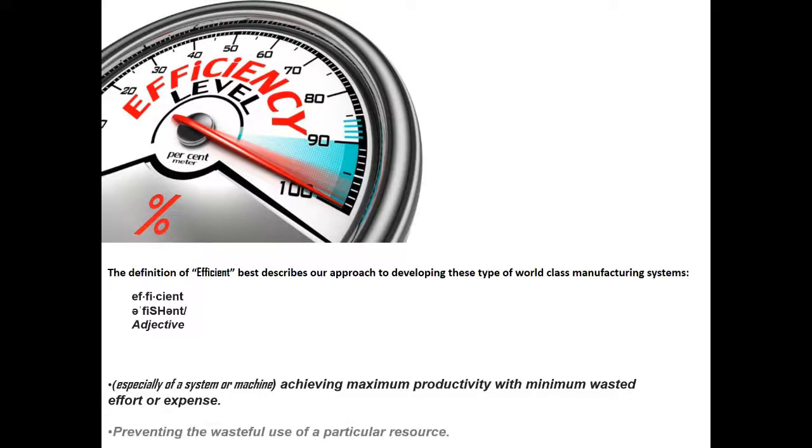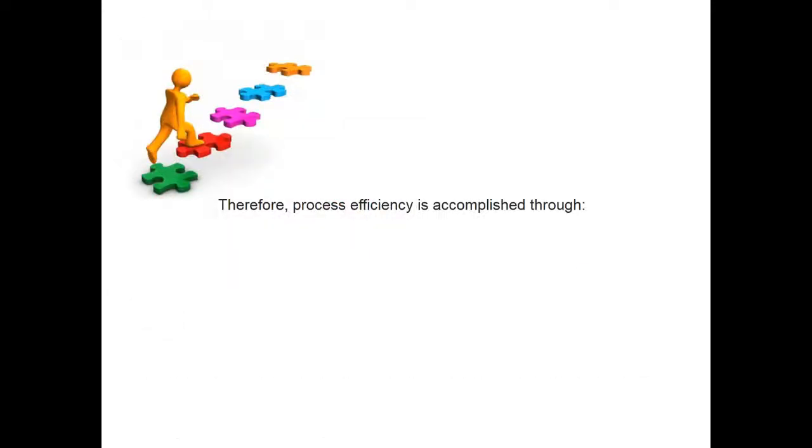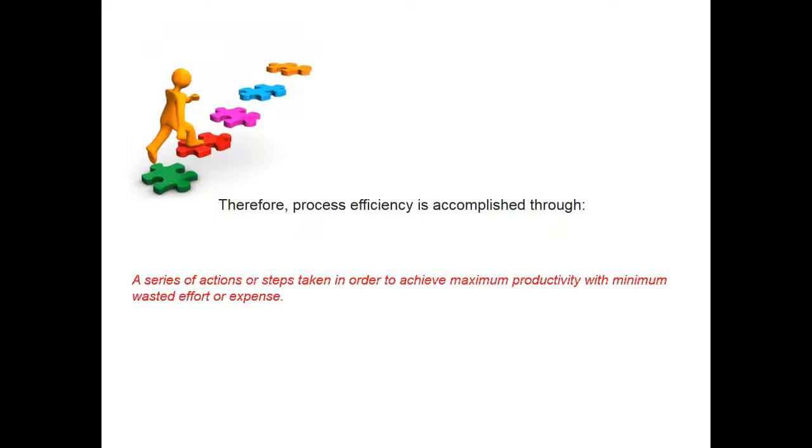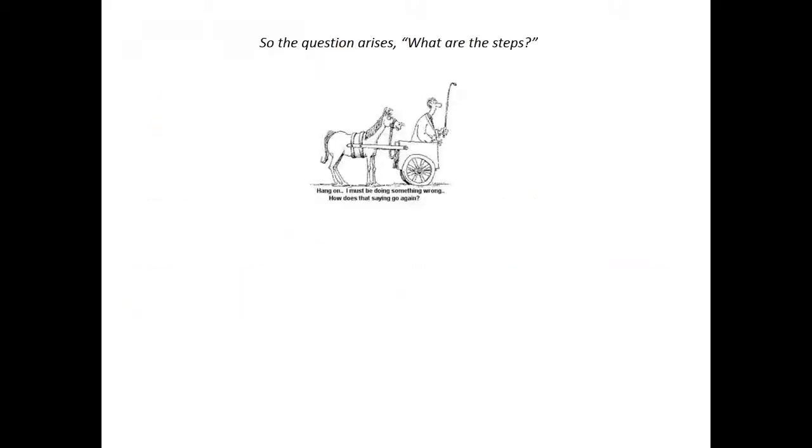And in addition to that, we want to prevent the wasteful use of particular resources. So therefore, process efficiency is accomplished through a series of actions or steps that we take in order for us to maximize productivity, and we want to do so with minimum wasted effort or expense.